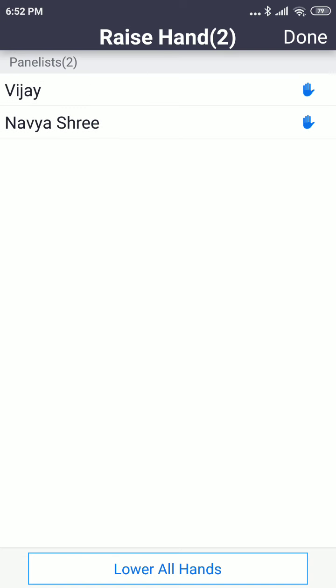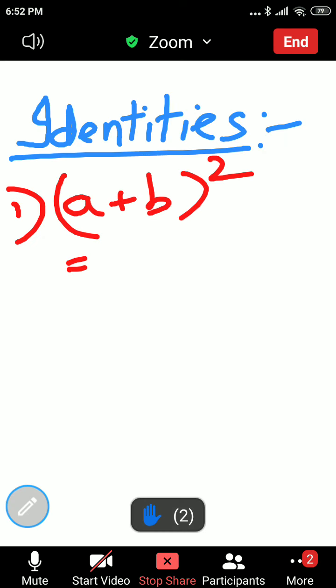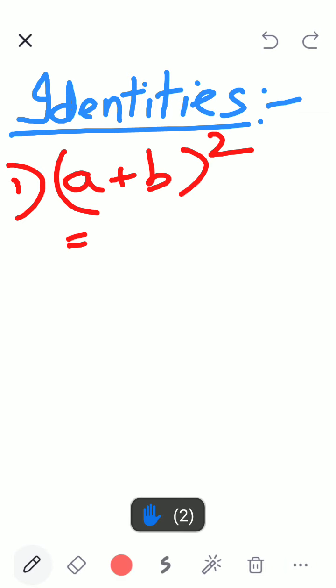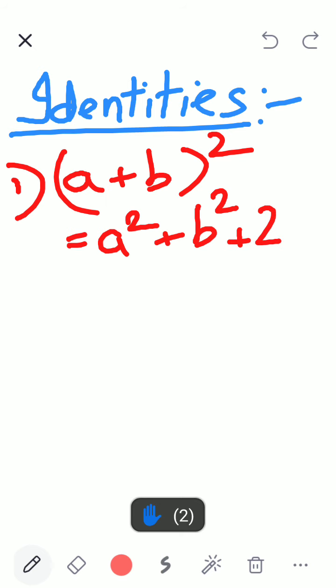Yes, Navya. Very good. a square plus b square plus 2ab. 2ab means 2 multiplied by a multiplied by b. Okay. Very good. Anybody has a doubt?